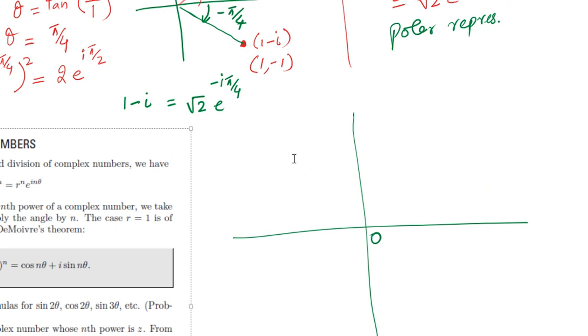The angle is 135 degrees, so our number should lie somewhere here, minus 1, 1. If you draw r now, it will again be square root of 2, and you determine the angle from 0 to this, which is 3 pi over 4 radians, equal to 135 degrees.